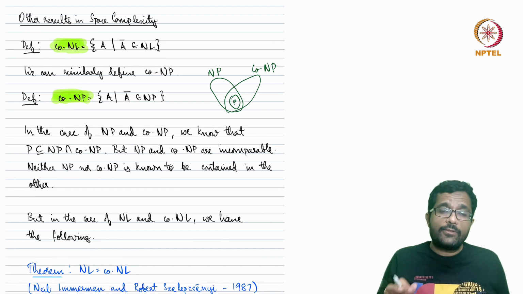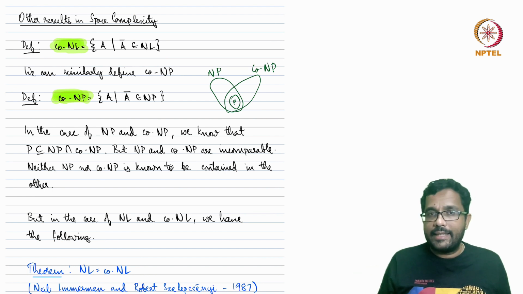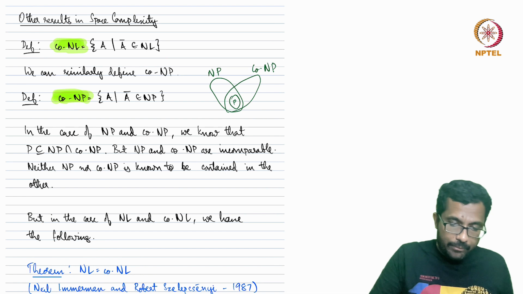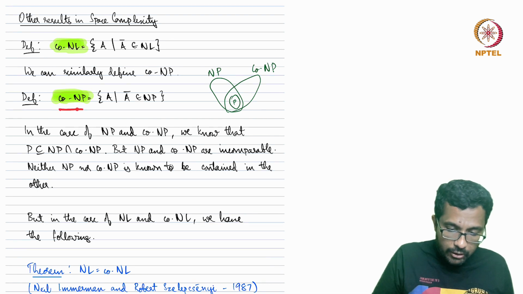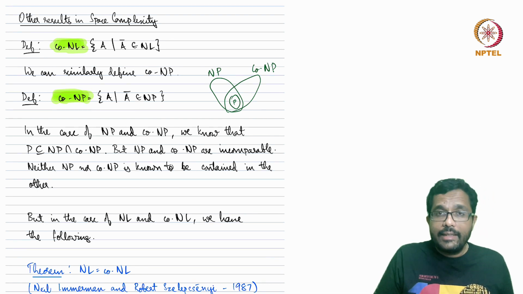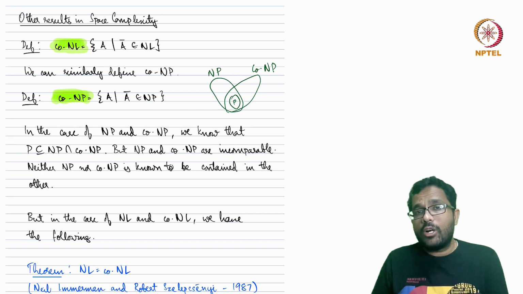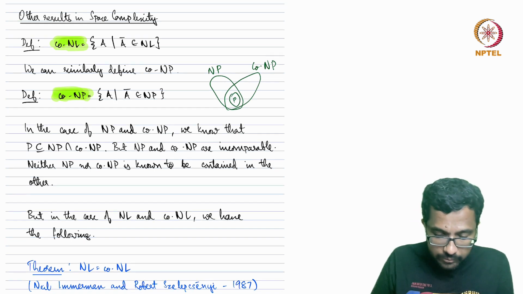Rather, it is the set of languages whose complement is in NL. Similarly, co-NP is not the complement of NP. It is the class of languages whose complement is in NP.